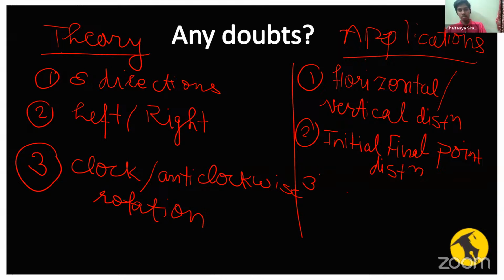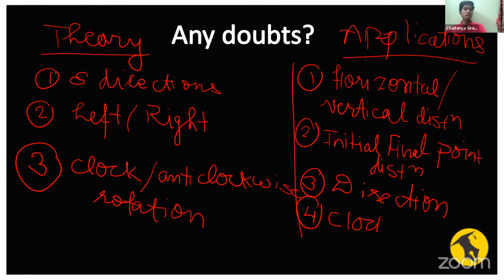Then direction. Direct question like in which direction is he moving, or what's his direction with the given reference point. And what else? Maybe clockwise rotation, like if he rotates this direction, which I think is covered in direction.